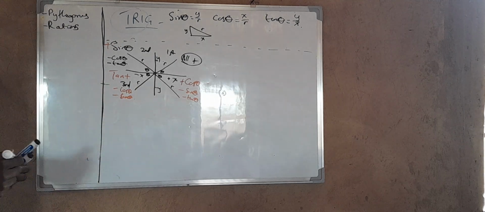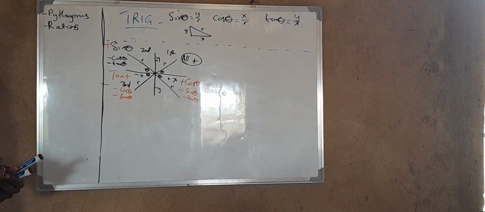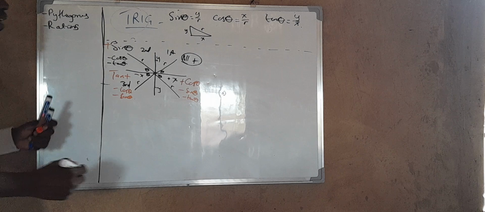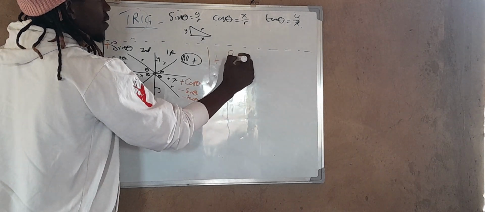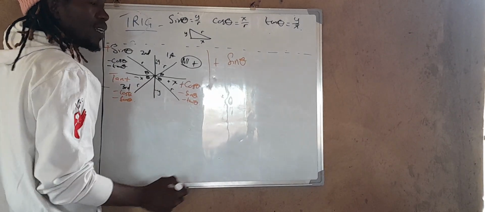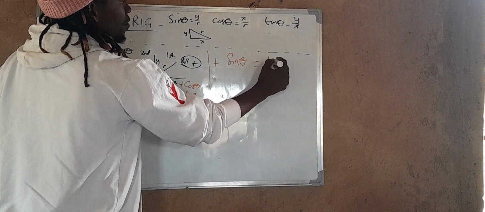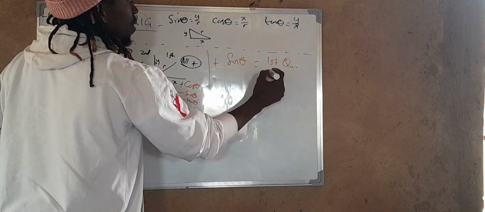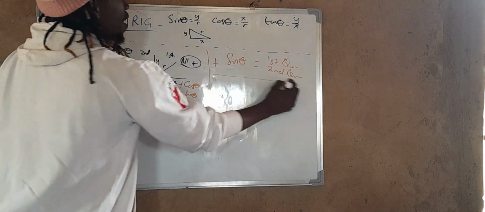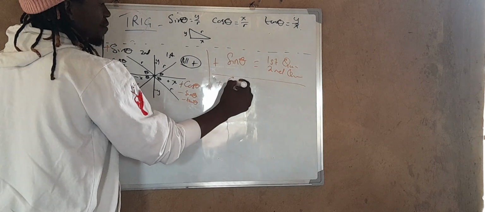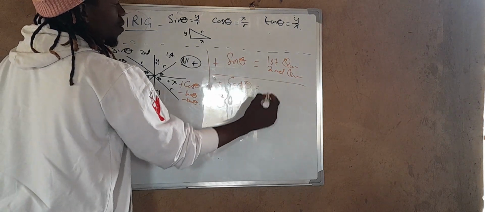So what does this mean? It means that for us to have a positive sin theta, we are talking about the first quadrant and the what? And the second quadrant, right? And for us to have a positive cos theta, it should be in the what?